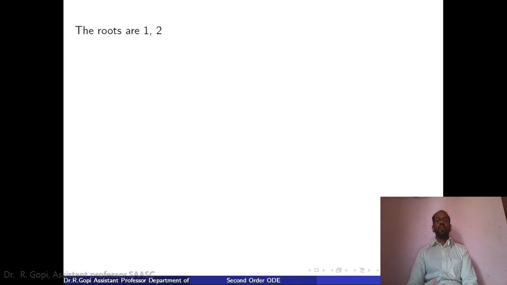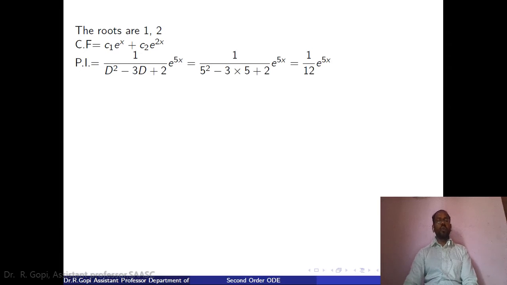Then the complementary function is y equal to c1 into e power x plus c2 into e power 2x. Then we have to find the particular integral. Particular integral equal to 1 divided by D square minus 3D plus 2 into e power 5x.